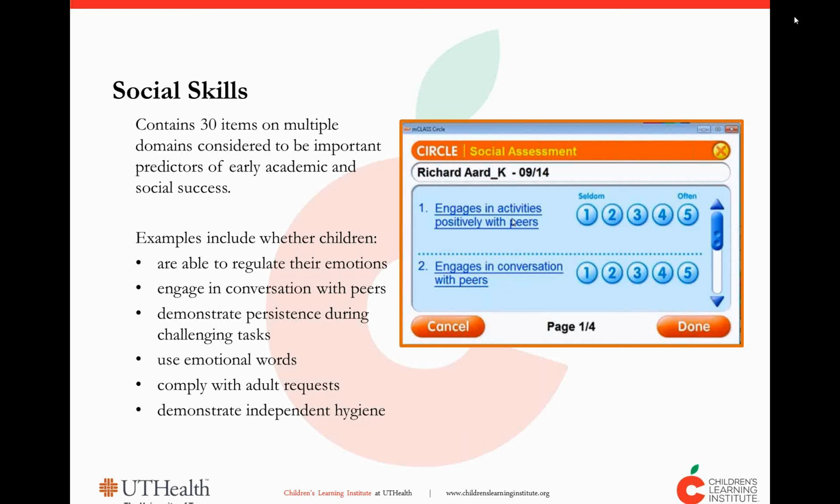Social skills has been recently expanded and validated to not only include social competence, but now also regulation of emotions, emotional understanding, some approaches to learning items, persistence, attention, as well as some independence in terms of skills related to hygiene. So it's a much more comprehensive look that aligns well with, for example, the Head Start social approaches to learning constructs. You see a couple items from this assessment that the teacher will be rating on a 5-point scale.